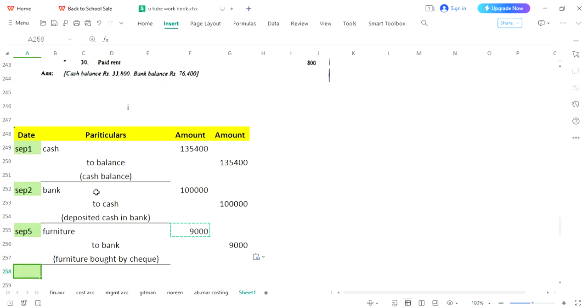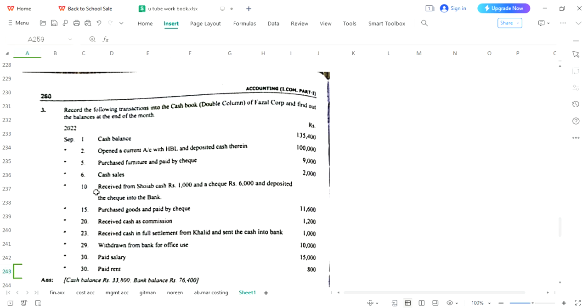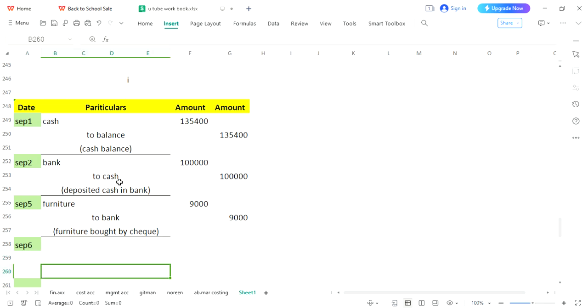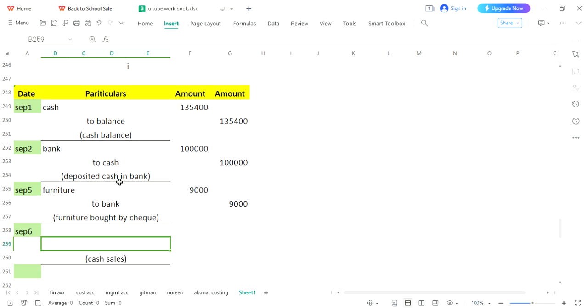Now September 6th is our next entry and it is saying cash sales. We will understand goods are sold for cash. So cash sales, what I had said, goods are sold for cash. It means goods are going out. Goods are your asset. Asset is decreasing.